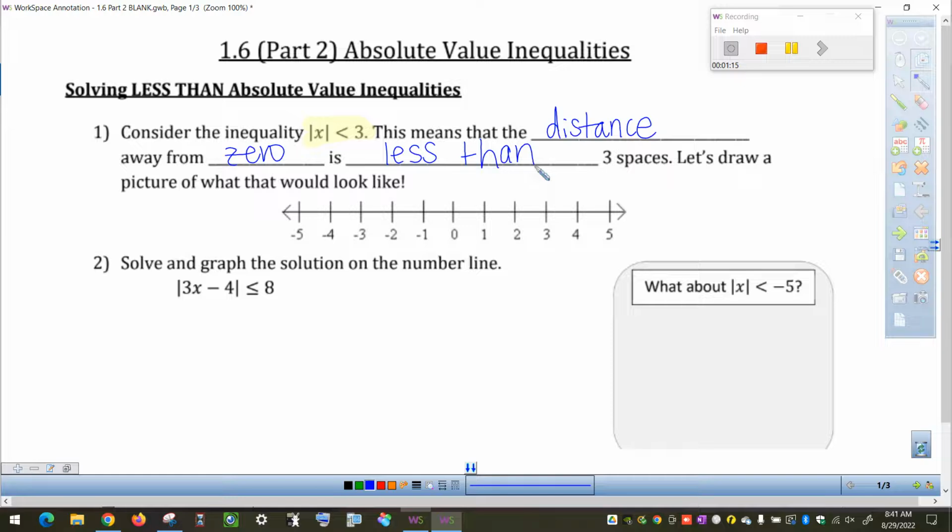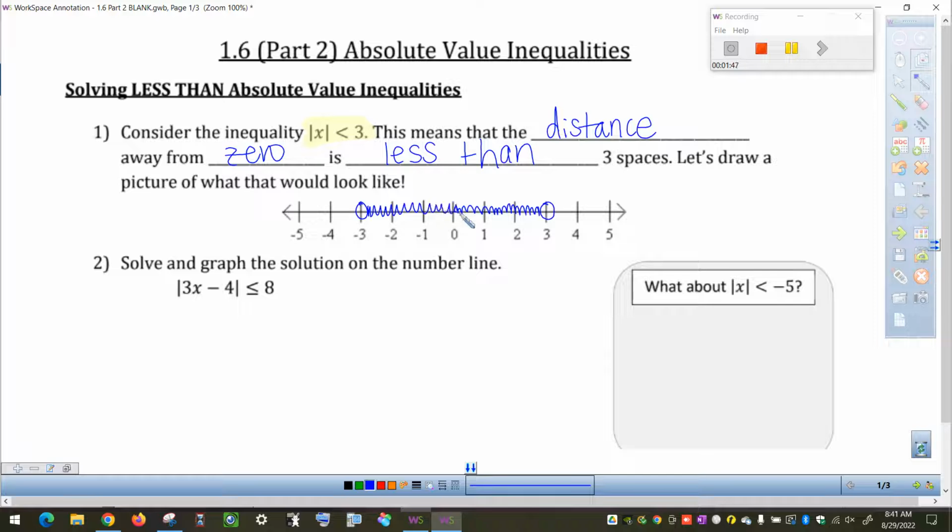So here we're just going to draw a picture of what that would look like. If the distance that something is away from 0 is less than 3 spaces, well, it could be to the left of positive 3. So all of these numbers right here that I've just shaded, those are less than 3 spaces away from 0. But another possibility is that it could be on the right side of negative 3.